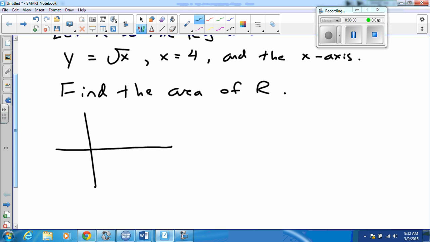What the representative rectangle is showing is whether you're integrating vertically or horizontally.